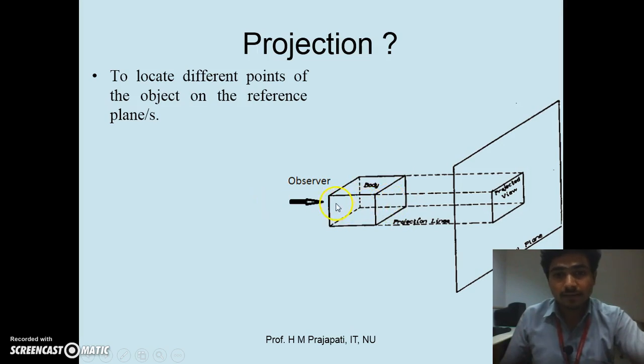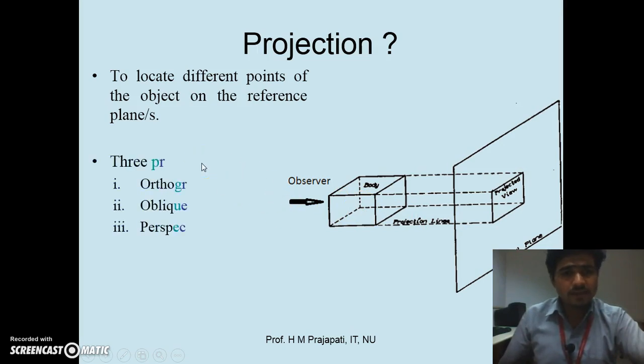Now if you throw a light, then these are the four corner points which resist the light, and as you throw it on this vertical plane, then you get a shadow over here, which is nothing but a view of an object. It's an outer line of an object, and on the background you will get illumination. So this is nothing but a projection system. Projection means shifting the points of an object onto one reference plane.